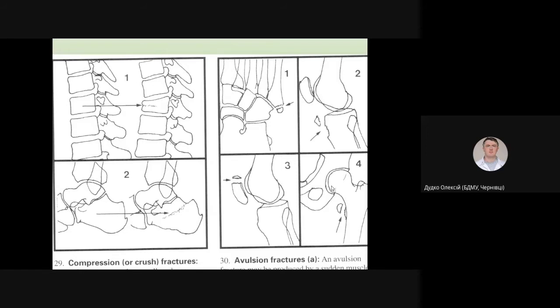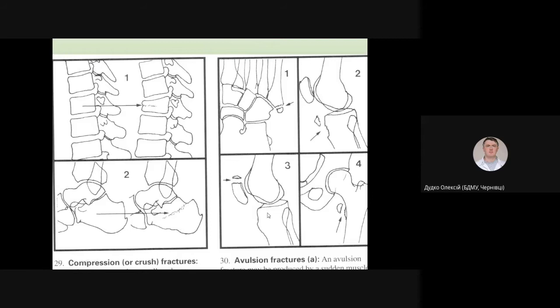Depending on the degree of the fracture, for first degree we're talking about 1 month, second degree 1.5 to 2 months, and for the third, the most severe compression, we may keep the patient in bed for 2.5 to 3 months. We need reclination, physiotherapy, and analgesics.